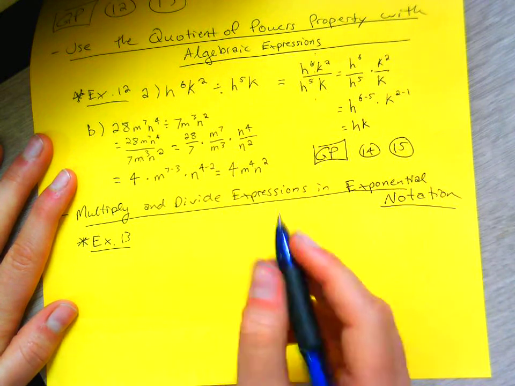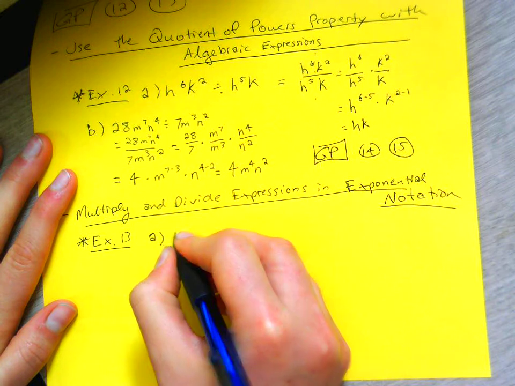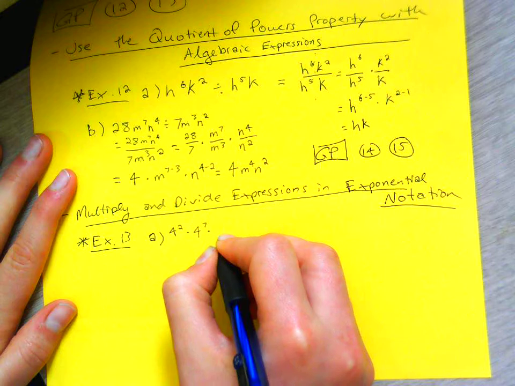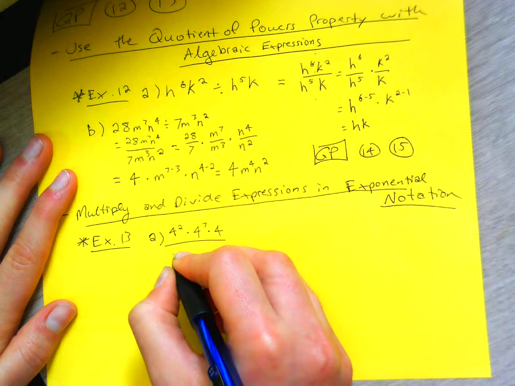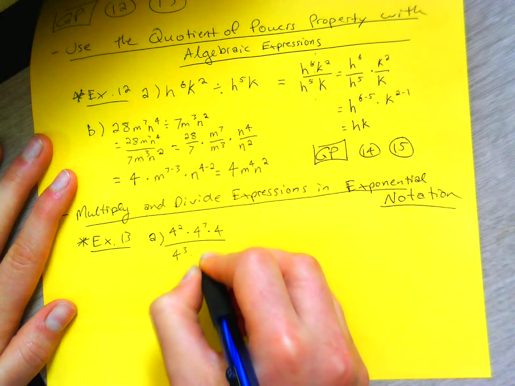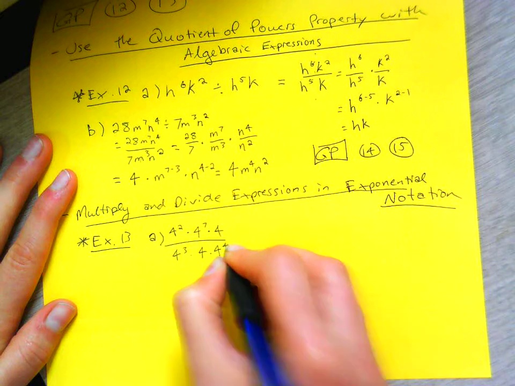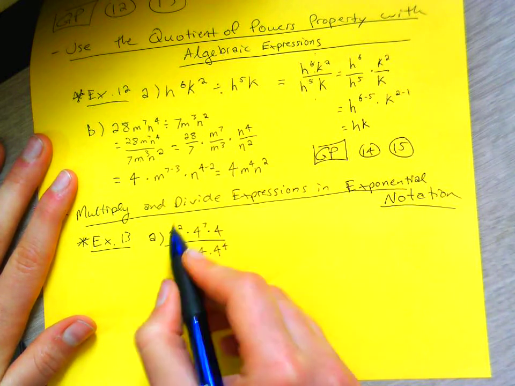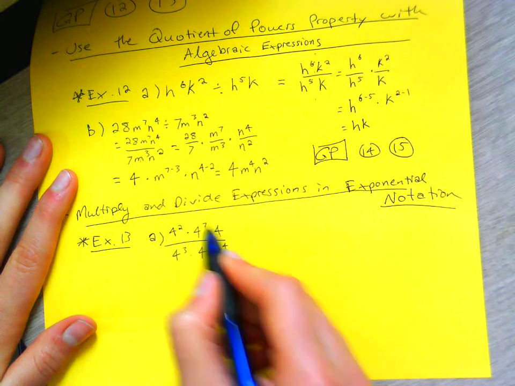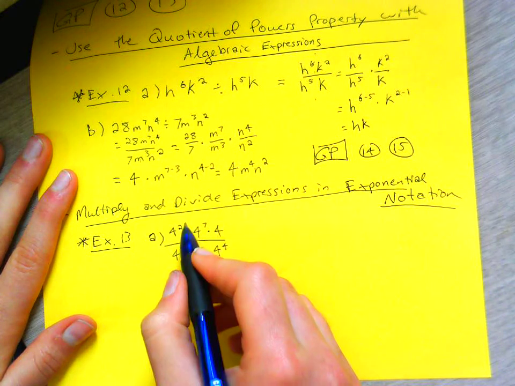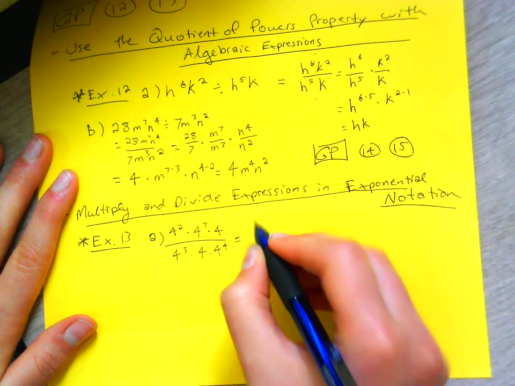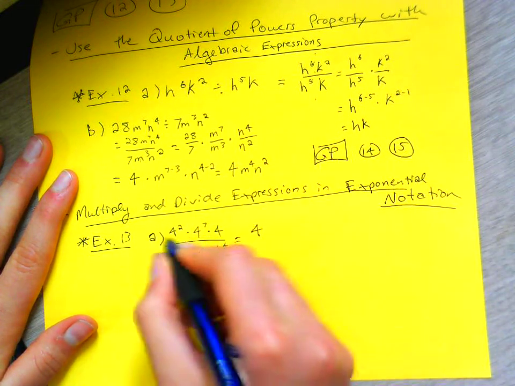Simplify this expression: 4^2 times 4^7 times 4, over 4^3 times 4 times 4^4. Instead of doing 2 plus 7 and then doing again 2 plus 4, we'll just combine the whole thing. So we have all 4's on top. Let's combine those by adding 2 plus 7 plus 1.